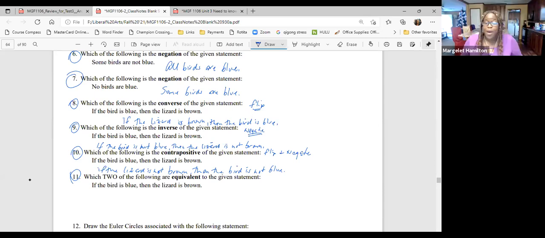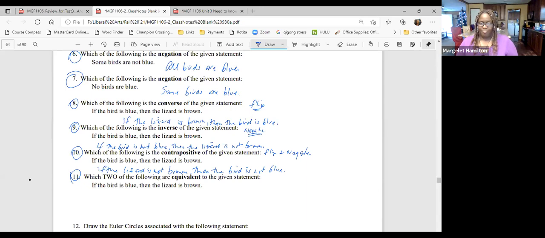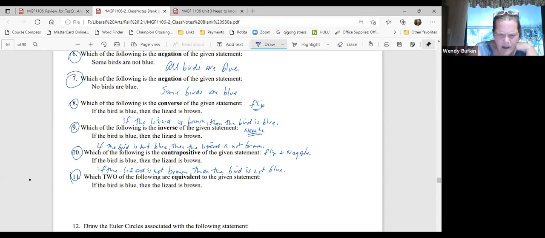It is the contrapositive, but what's the contrapositive? We just wrote it. Flip and negate? Okay, but what is it? If the lizard is not brown, then the bird is not blue.